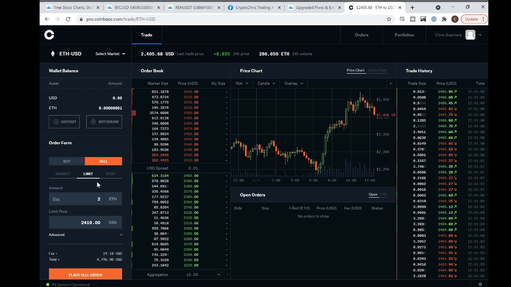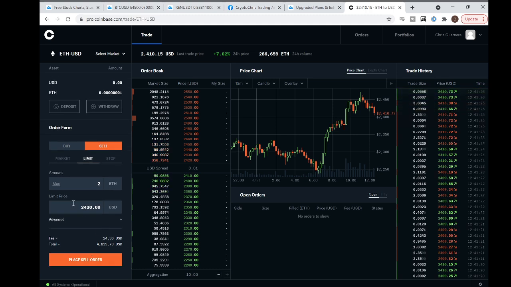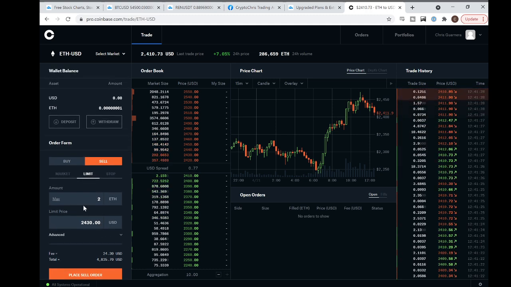On the other side, let's say I own 2 Ethereum and I'm looking to sell my 2 Ethereum. I'm going to put them on the order book for, let's say, $2,430. That means that this order will stay on the order book until it is filled. That means until Coinbase is able to find me someone who's willing to buy my 2 Ethereum for $2,430.